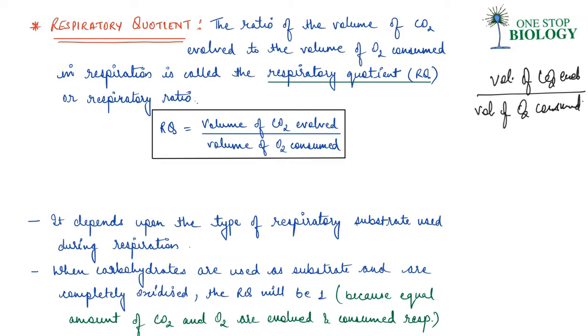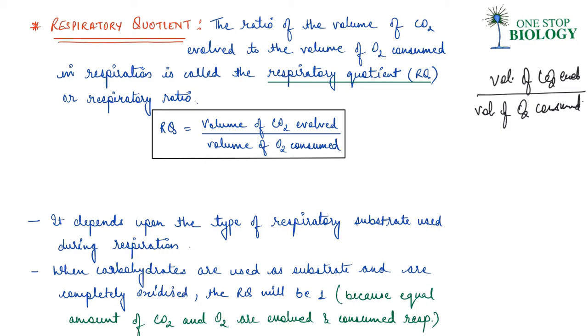So basically it is the ratio of volume of carbon dioxide evolved to the volume of oxygen consumed, and since it is a respiratory quotient, this we measure in the entire process of respiration. So this CO2 evolved to oxygen consumed in respiration is the respiratory quotient or respiratory ratio.